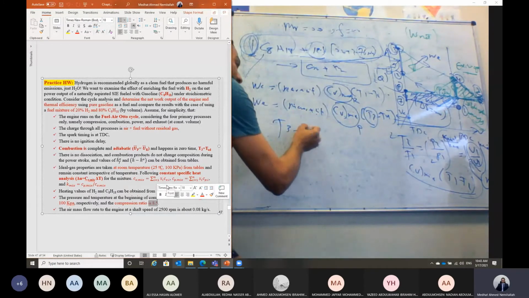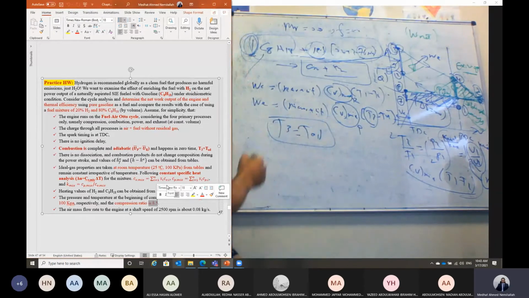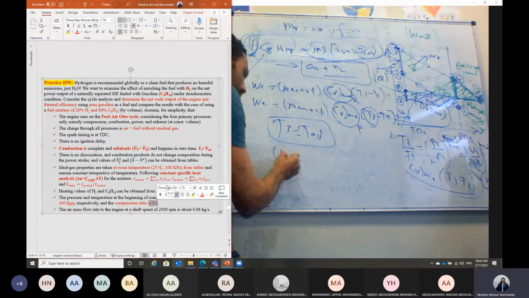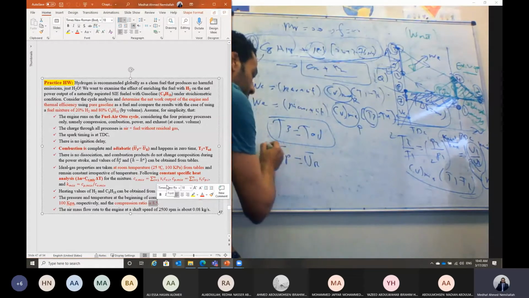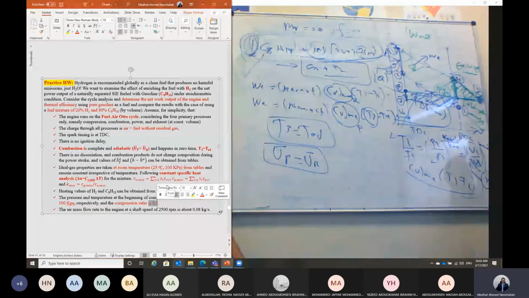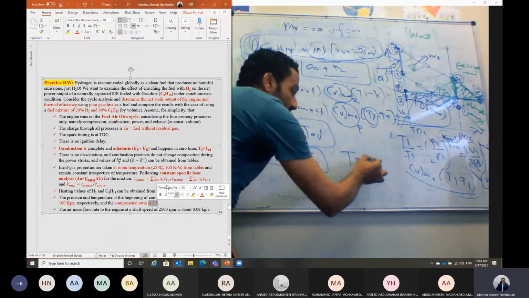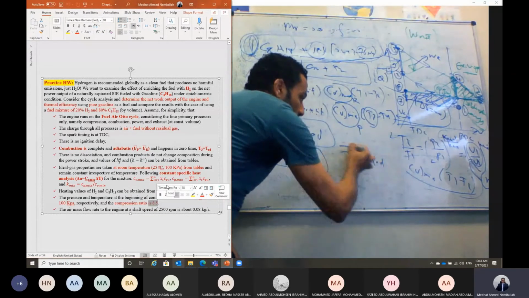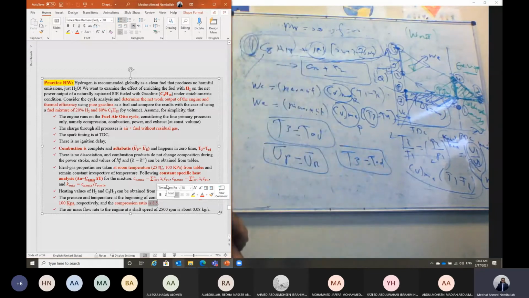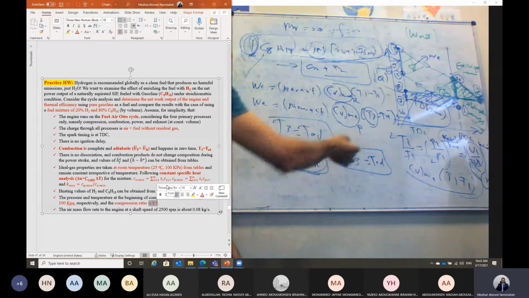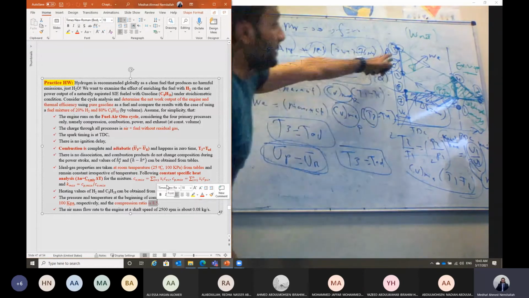T3 is equal to the adiabatic flame temperature based on U product. From the first law analysis, U product is equal to U reactant. So do this based on the combustion equation, then you can calculate the temperature T3, which should equal the adiabatic flame temperature. So you will consider the combustion equation, apply the first law, then we can calculate the maximum cycle temperature T3.